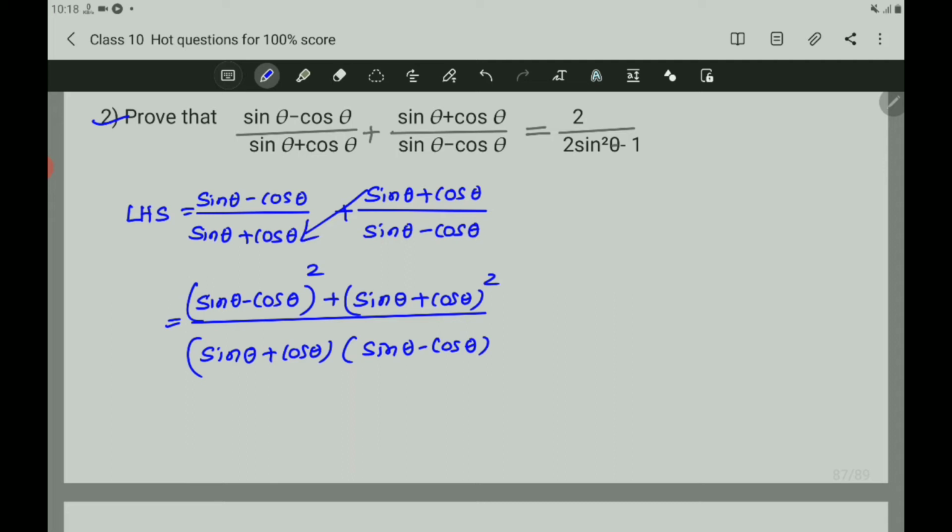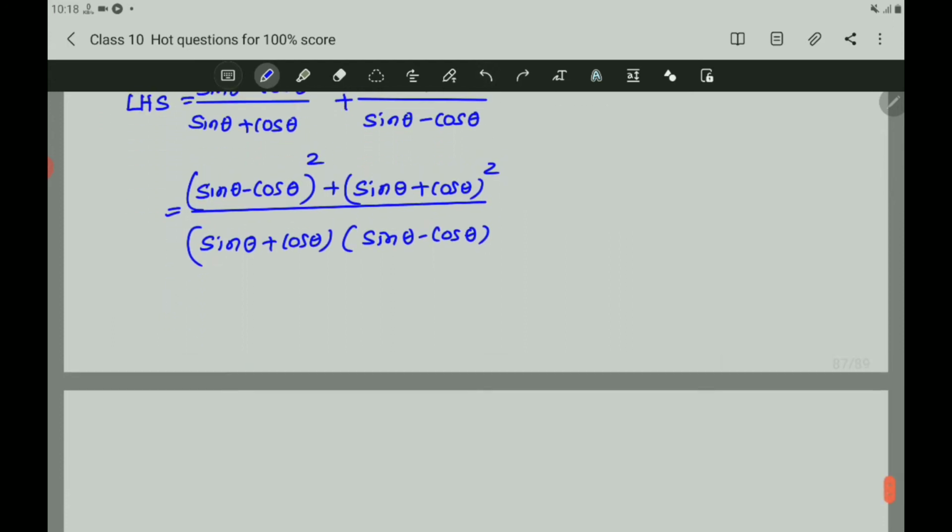So this into this is sin theta minus cos theta whole square, and this into this is sin theta plus cos theta whole square, because the LCM is the product of these two only. So you have to take in the numerator this into this plus this into this.